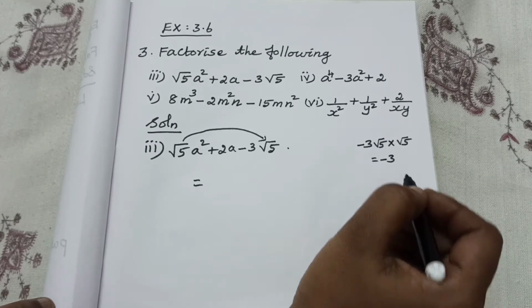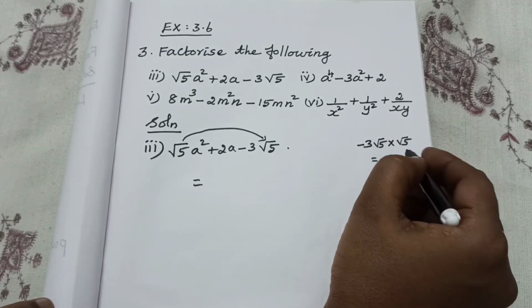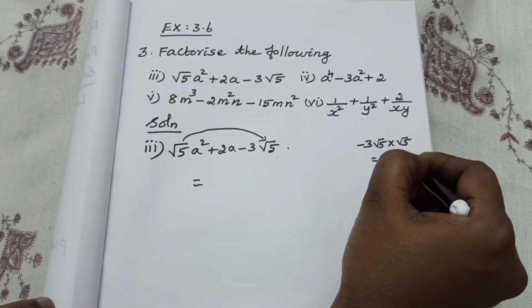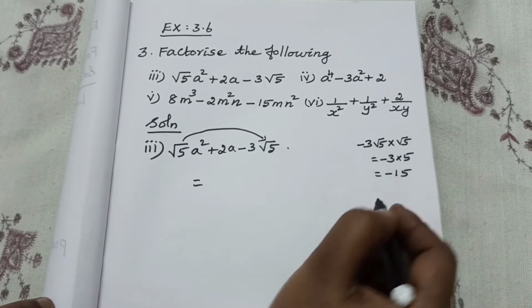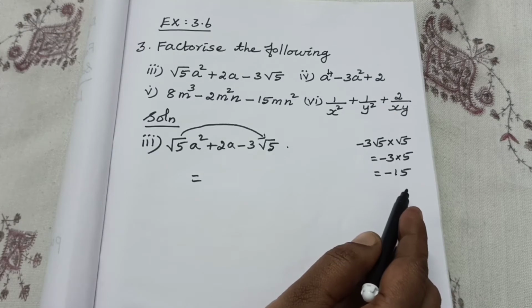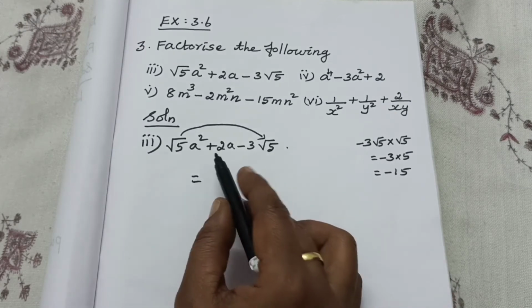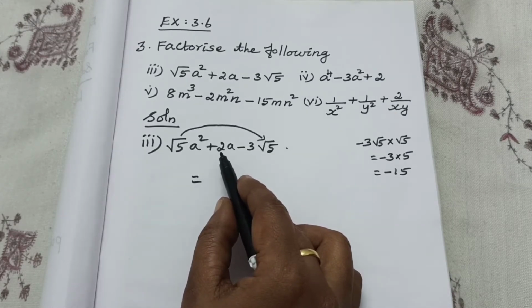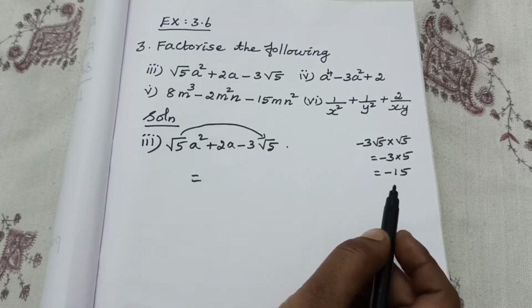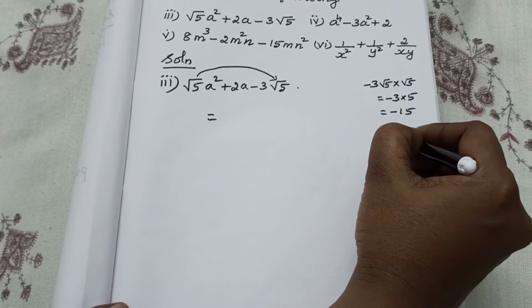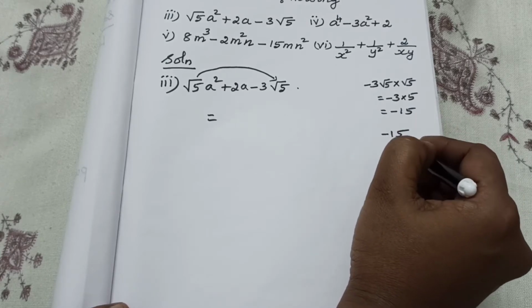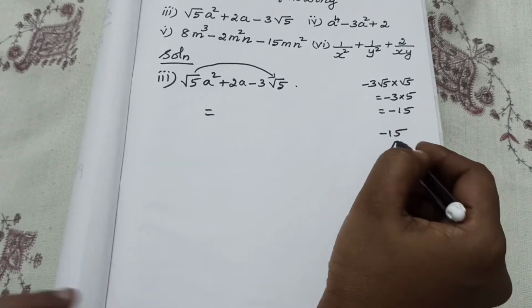You know very well, root 5 into root 5 is 5, isn't it? Into 5. Then equal to minus 15. Okay, the product is minus 15. Okay, the sum is what? 2. Then what are the numbers we have to find? Product is minus 15, sum is 2. What are the numbers that will come?